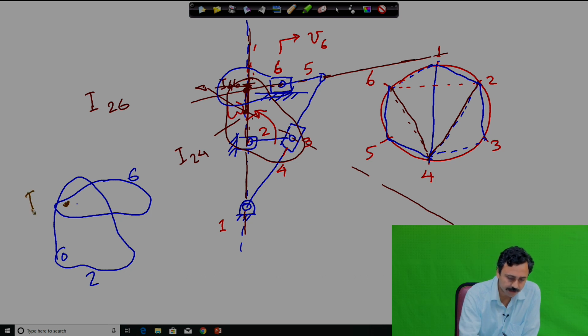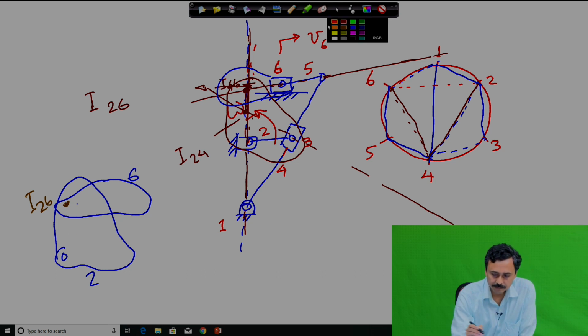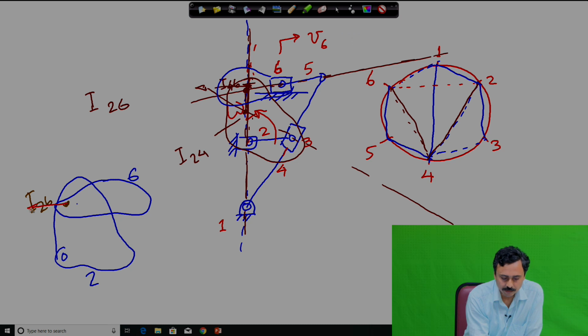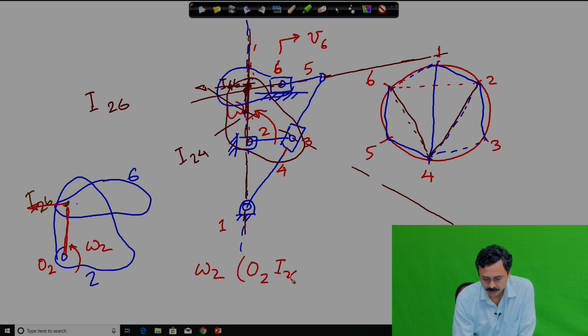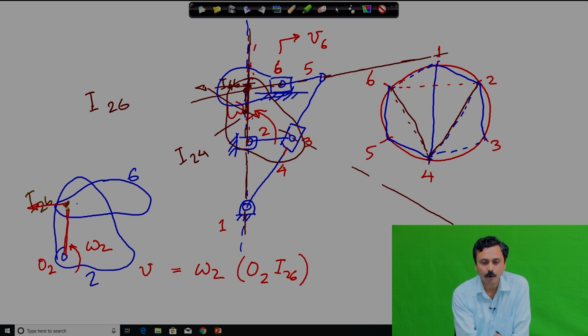So, this is I 2 6, then the velocity is omega 2 times this length. So, omega 2 times O 2 I 2 6, that is the velocity of any point on the rigid body 6 or an extension of rigid body 6.